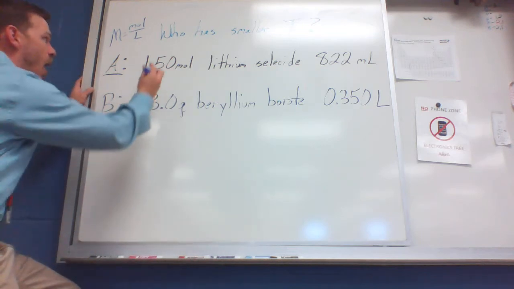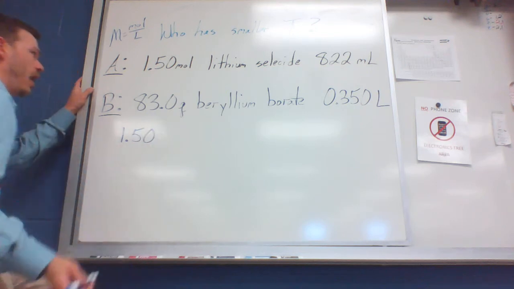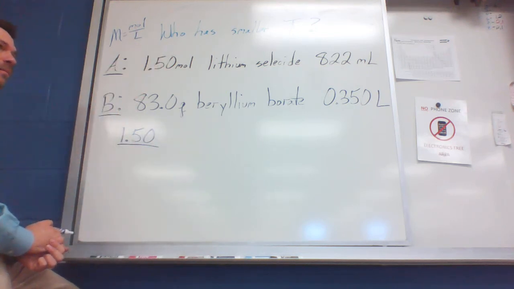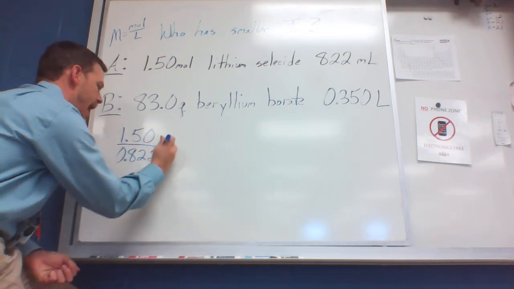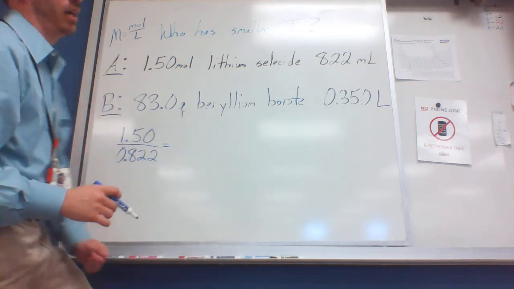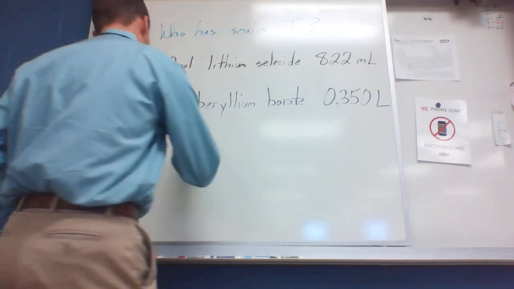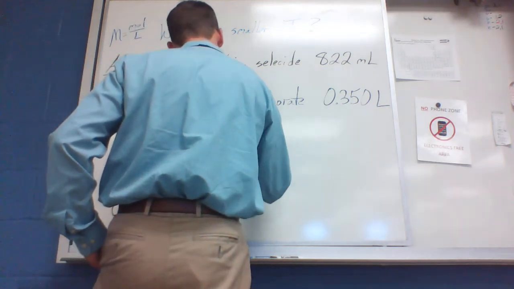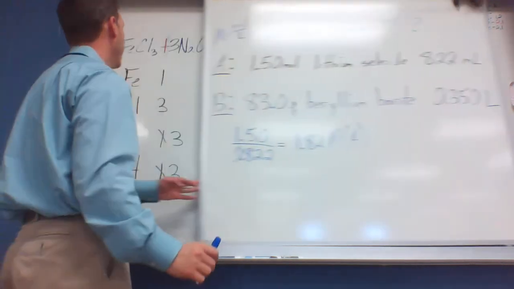Here I'm given moles for A, and I need to divide it by liters, 0.822. I immediately get a molarity of 1.82 molar. And that is sample A.